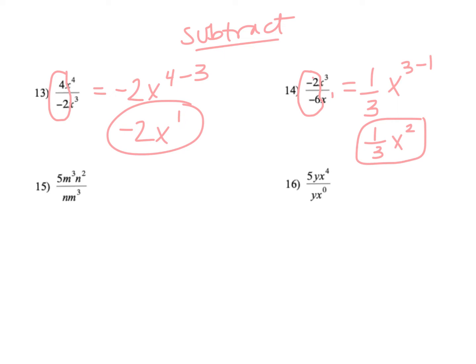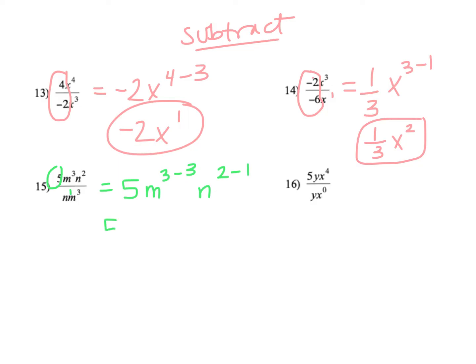Okay, looking at number 5. Let's see, I'm going to put an invisible 1 by that n. Nothing pairs up with that 5, so I'm just going to keep my 5 there in the numerator. For my m's, I can keep the base and subtract the exponents. And for my n's, I keep the base and subtract the exponents.